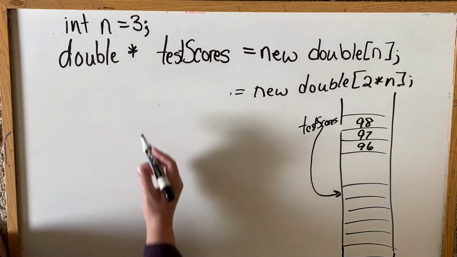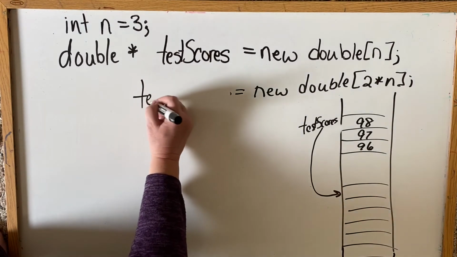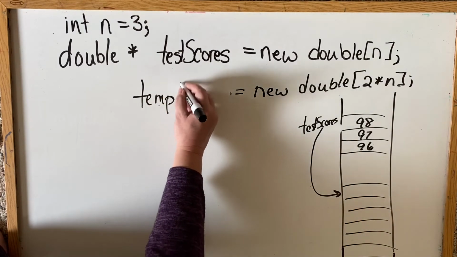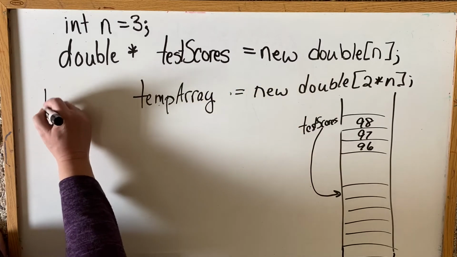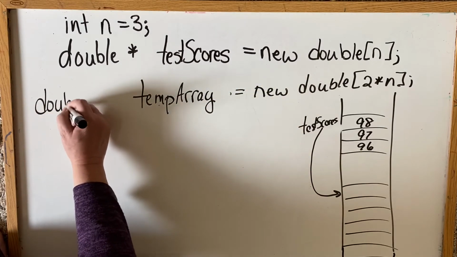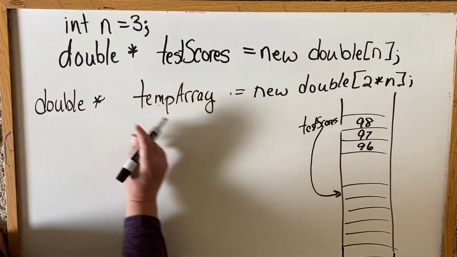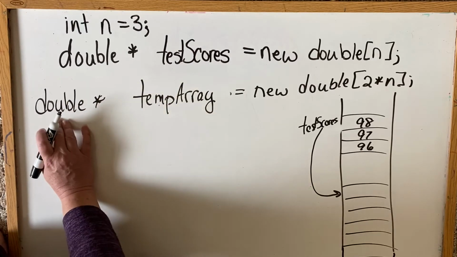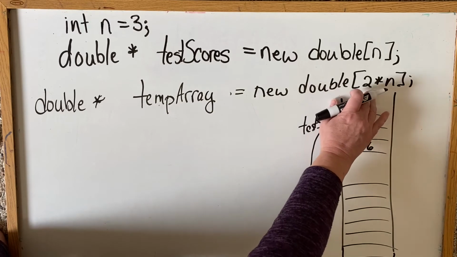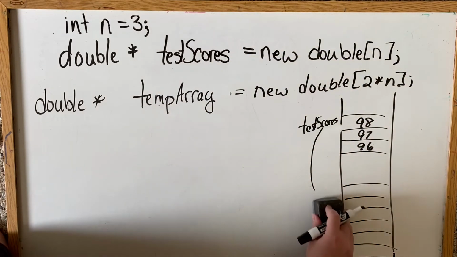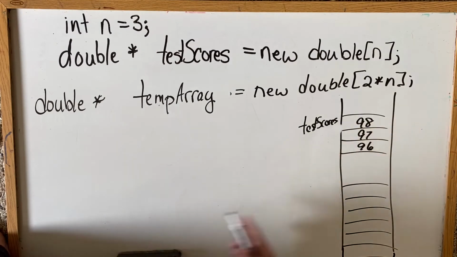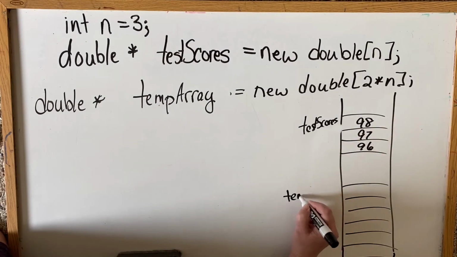So let's create a temp array that is also a double star. So temp array is a pointer to doubles that is twice the size of our test scores array. So now this one is called temp array.